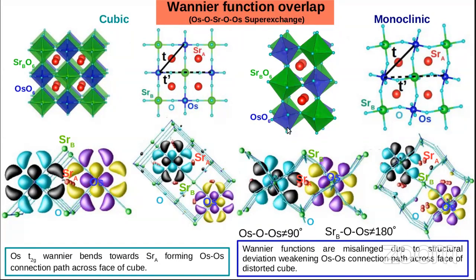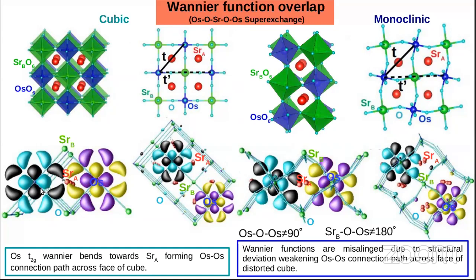So for this structural deviation, the Os-O-Os angle across the face of the cube deviates from the ideal 90 degree, and along the edge of the cube, the Os-O-Os angle deviates from the ideal 180 degree. In both structures, the nearest neighbor hopping is denoted by t, and the next nearest neighbor hopping is denoted by t prime.